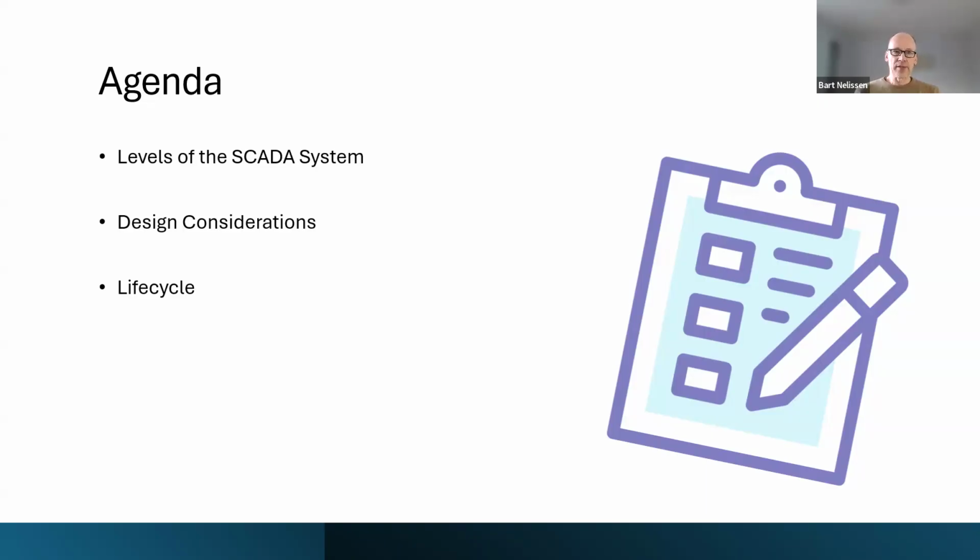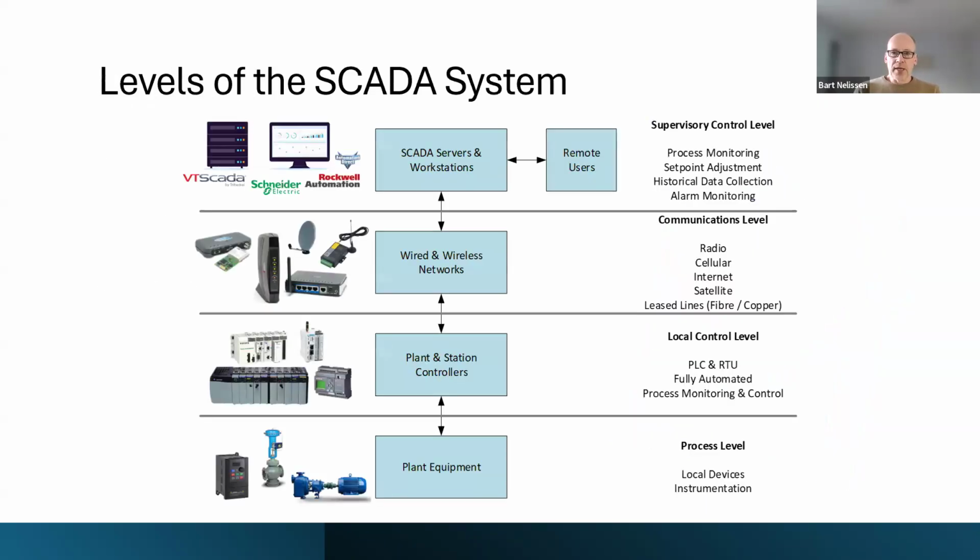So with the levels of a control system, let's talk about the components. Here's a complex picture, and it makes up the 4 levels of a SCADA system. I'm going to go through this from the bottom up. At the bottom, we are looking at the facility, the plant, and the devices that are on the plant floor, on your process equipment.